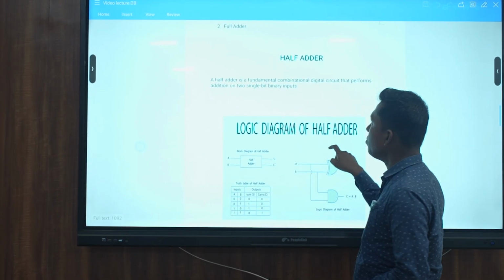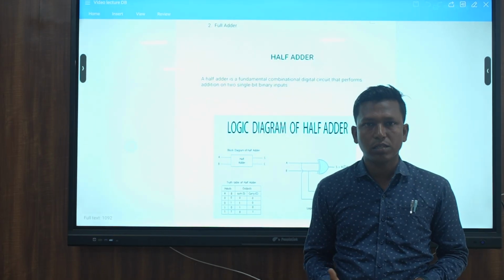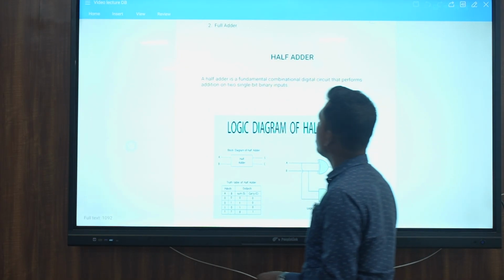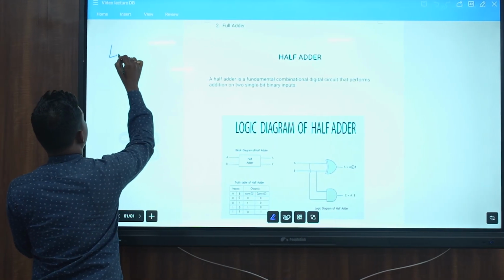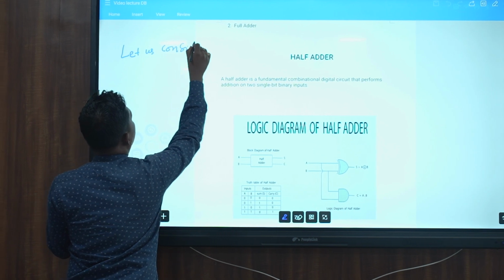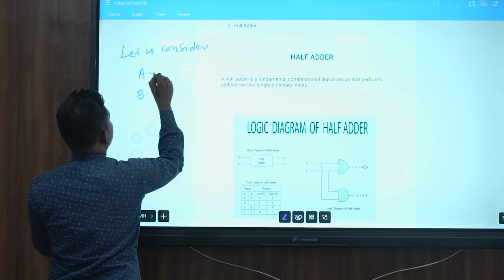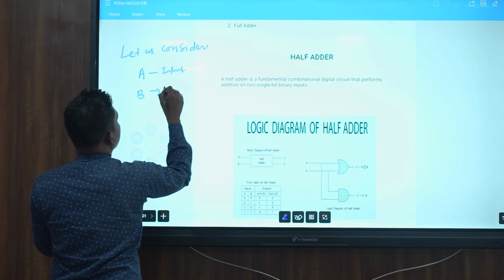So already I have told you, half adder is a type of combinational logic circuit which can add 2 single bits. So 2 single bits means, let us consider A and B are inputs. A is one input and B is another input.